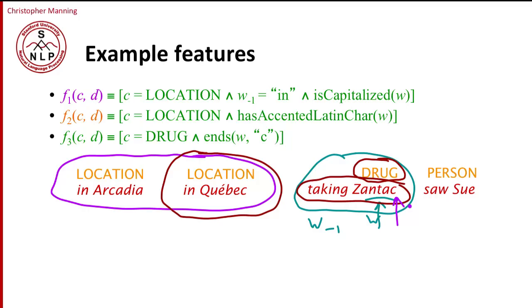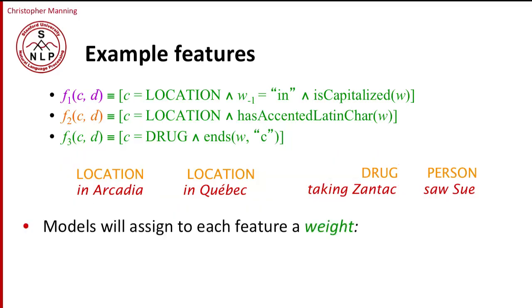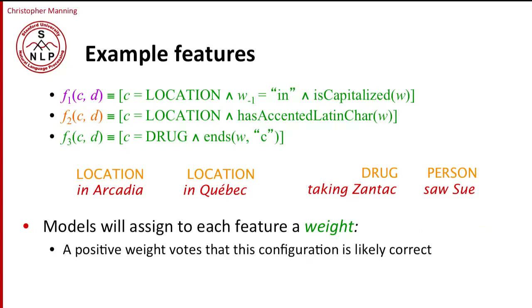At that point, the next thing is that the model will assign to each feature a weight, where the weight is a real number, so it might be something like 0.3 or -0.2. So this isn't the value of the feature, this is the weight of the feature. A positive weight votes that this configuration is likely correct. It's the kind of thing that happens in real text.